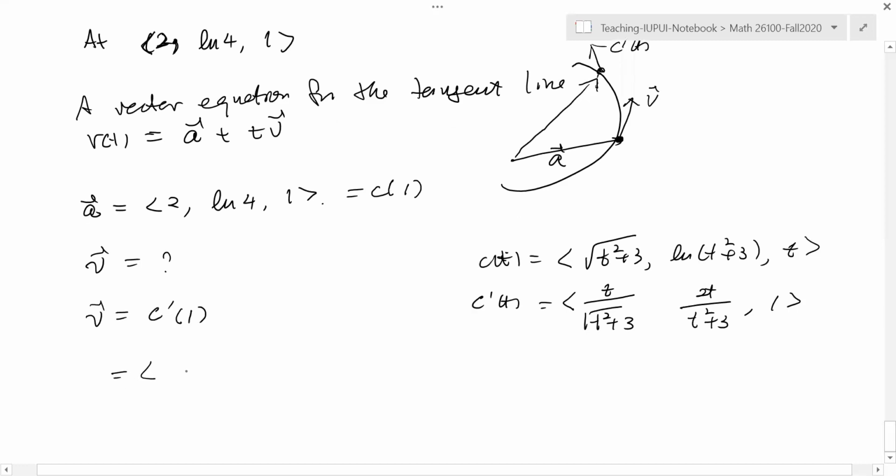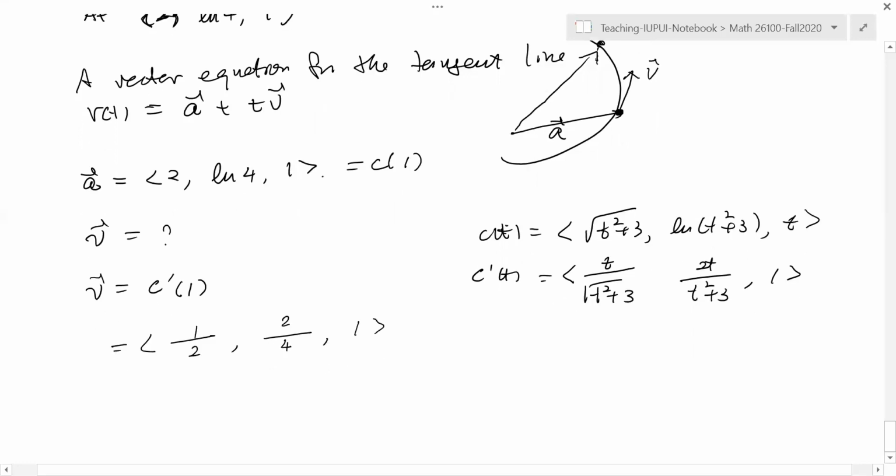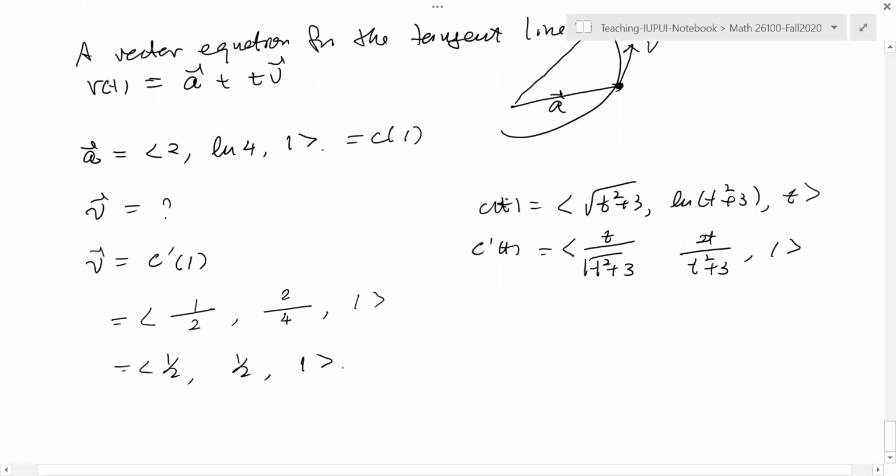So that is going to be 1 over the square root of 4, that's 1/2, and here 2 over 4, and 1. So simplify it. Right, so you get this.